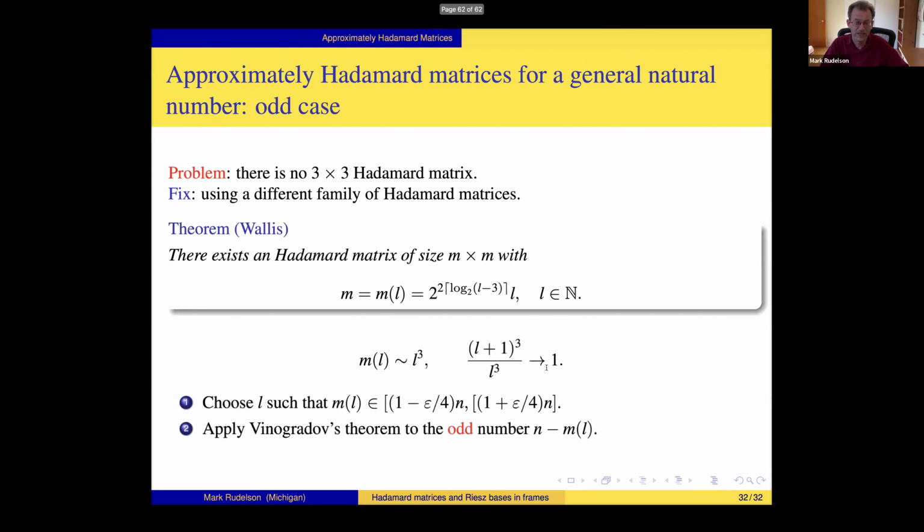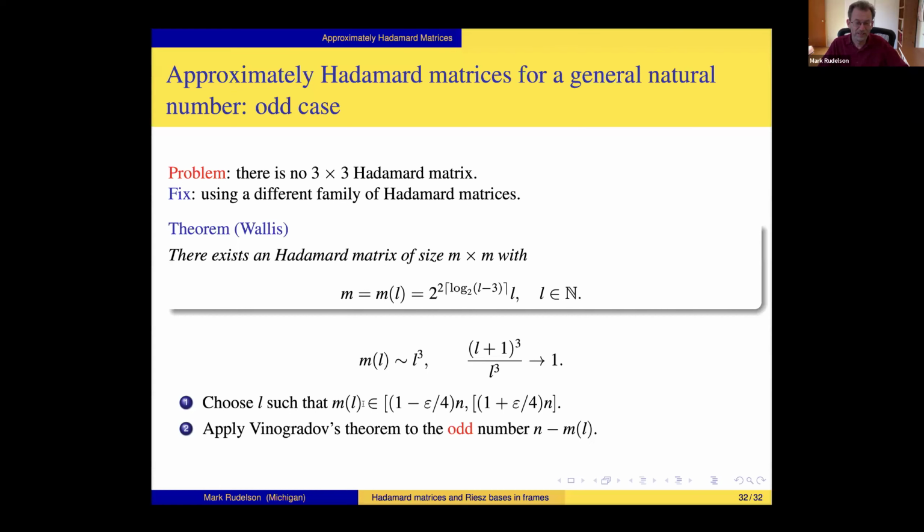And this means that we can find an element of this sequence in the interval from (1 minus epsilon over 4)n to (1 plus epsilon over 4)n. And then we use this exact Hadamard matrix for this number.